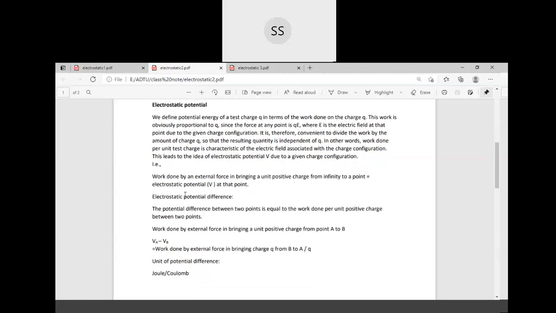The potential difference between 2 points is equal to the work done per unit positive charge between 2 points.